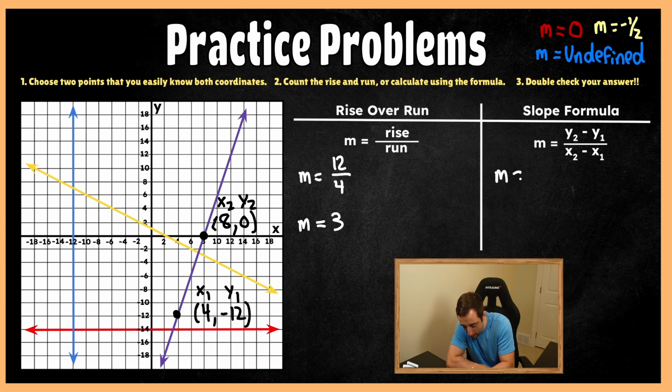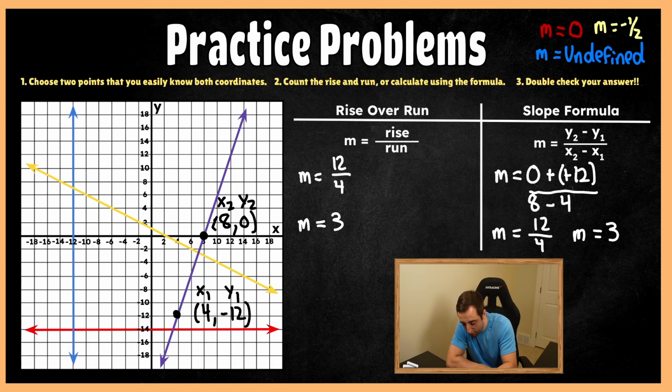We get m equals y2, which is 0, minus y1, which is negative 12, over x2, which is 8, minus x1, which is 4. So we get m equals 0 minus negative 12 turns to plus 12. So we get a 12 up top. 8 minus 4 is 4. Well, 12 divided by 4, you get a slope of 3 for our final answer.